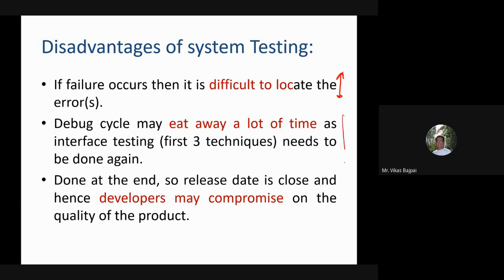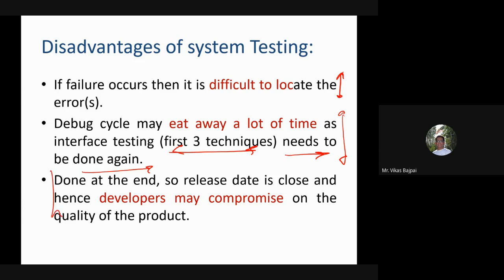Then your debug cycle may eat away a lot of time. Your first three techniques were also consuming a lot of time, so that's once again something which is not feasible.